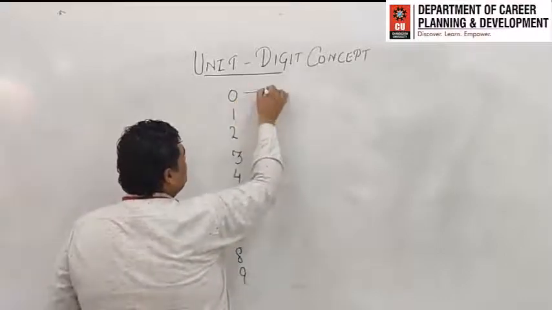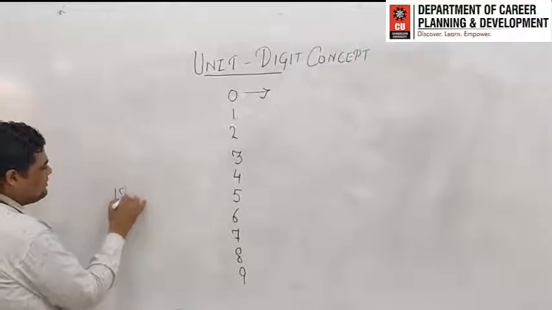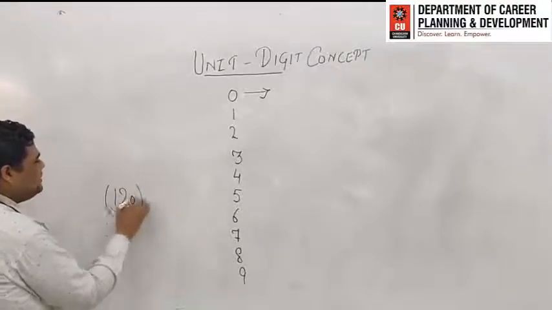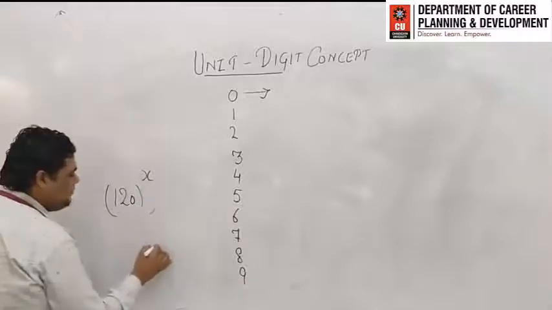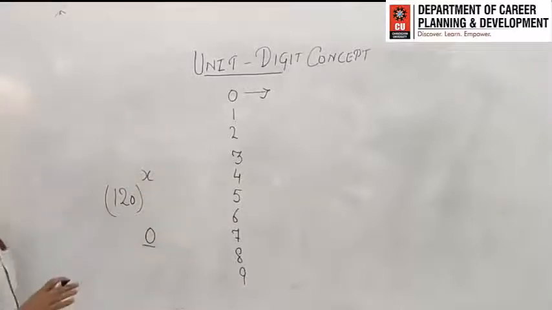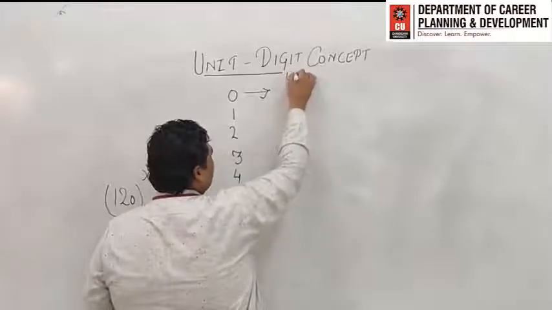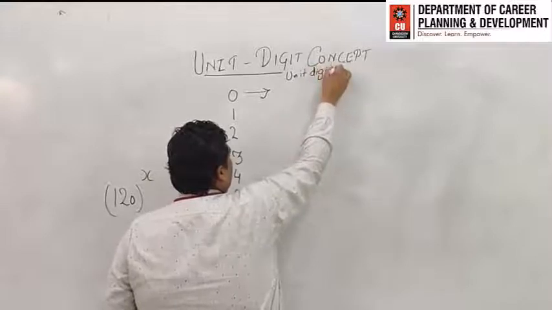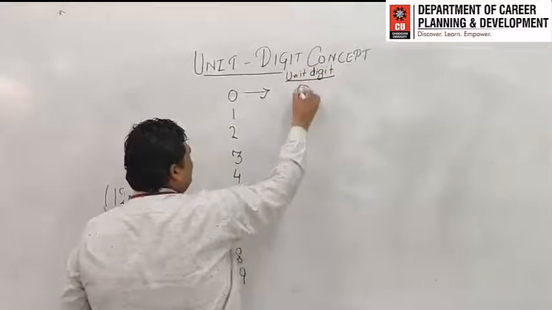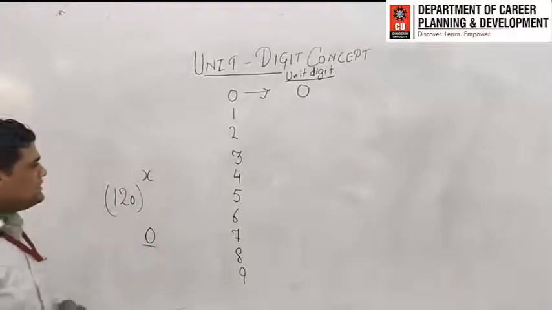Firstly, whenever 0 is at the unit place, like 120 raised to the power any value x, the unit place will definitely come out as 0. There will be no change. If the number ends with 0, the unit place will be 0.